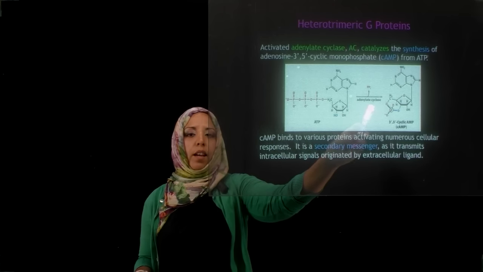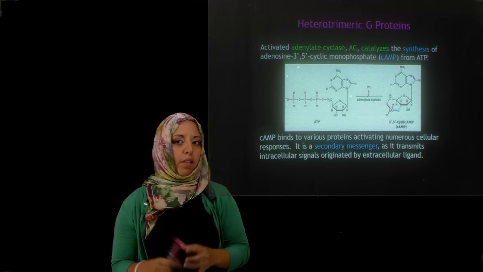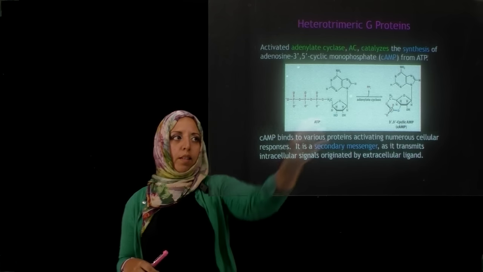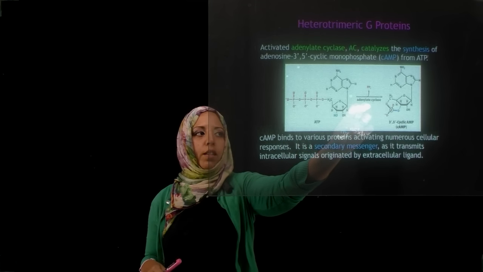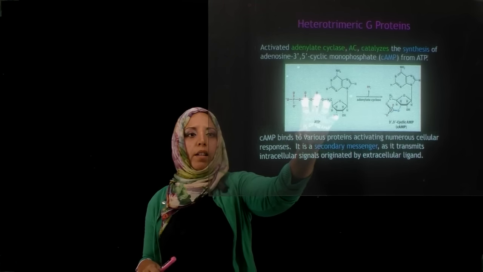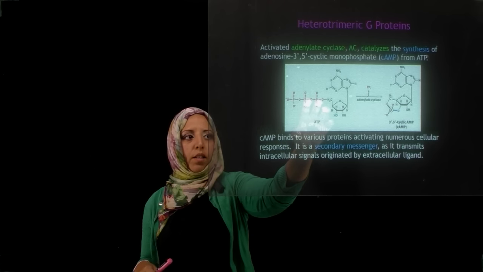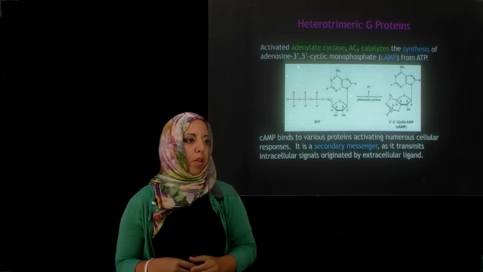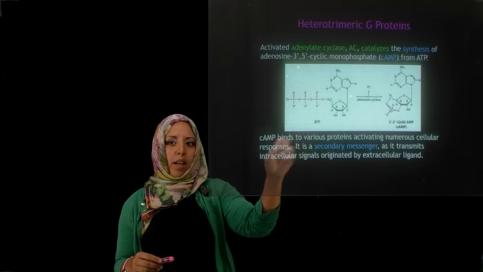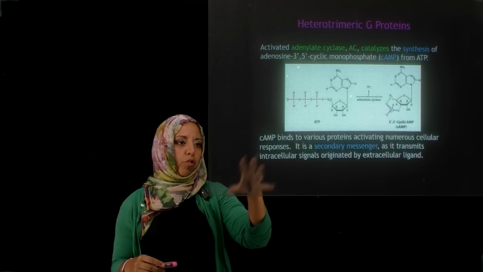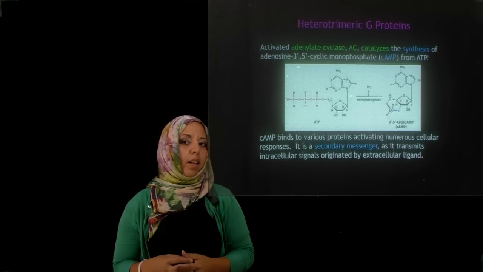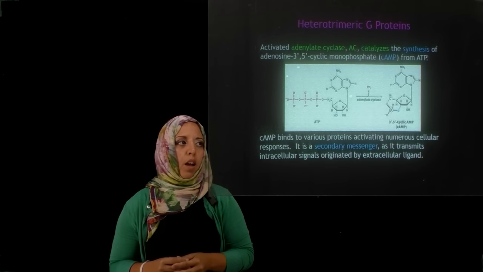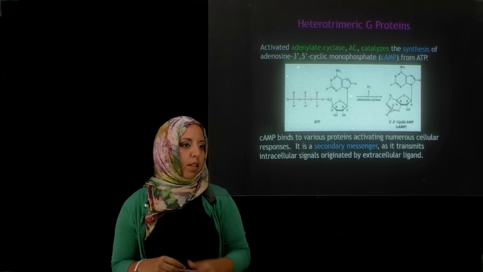So adenylate cyclase is basically the enzyme. It binds ATP, and once the protein is activated, it will catalyze the conversion of ATP to form a cyclic AMP molecule. And we'll see how cyclic AMP acts as a secondary messenger, activating protein kinases, proteins that are responsible for the phosphorylation of other proteins.